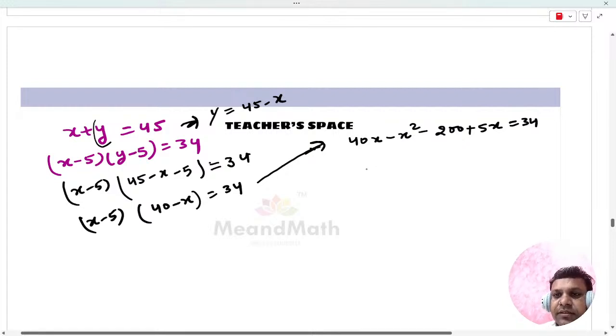So this is x square minus 45x plus 234 is equal to 0.